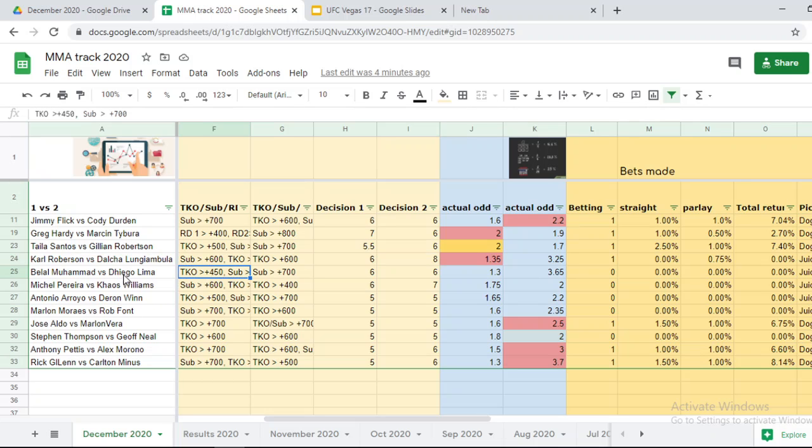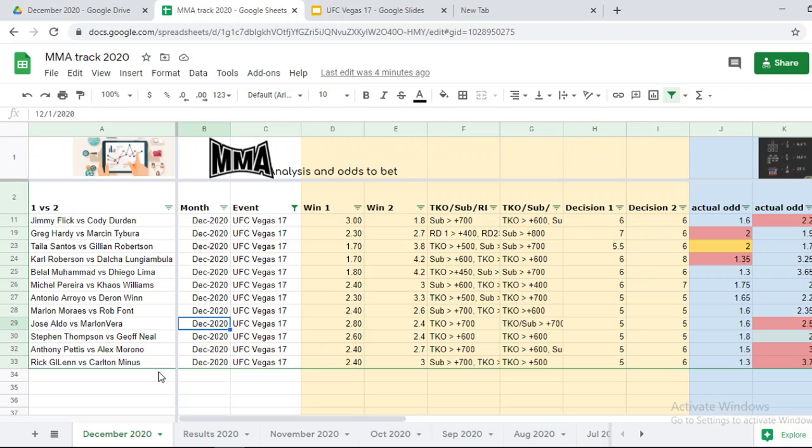Belal Muhammad versus Diego Lima. This is a TKO possible prop bet for Muhammad. This by sub, Lima by sub, and these lines, and then by decision. So I think you guys got it, right? This is the idea. Now, one guy that I think I didn't put here, but we have Jose Aldo versus Marlon Vera.